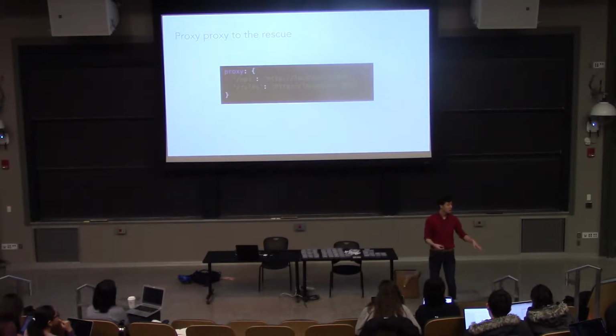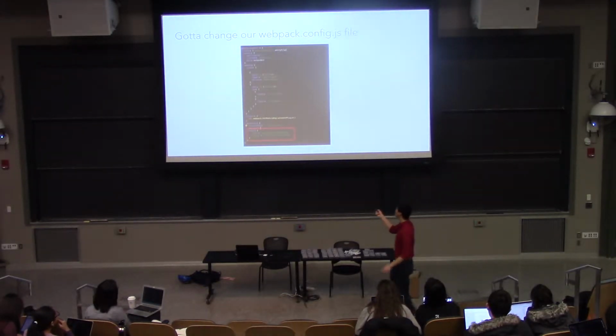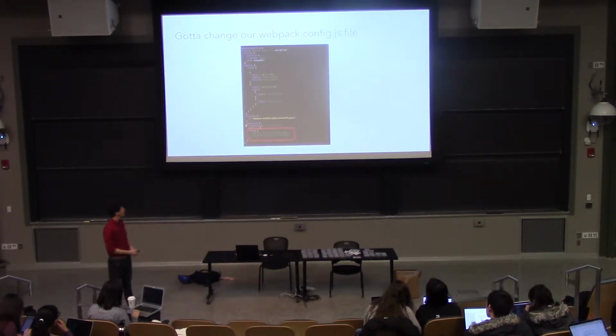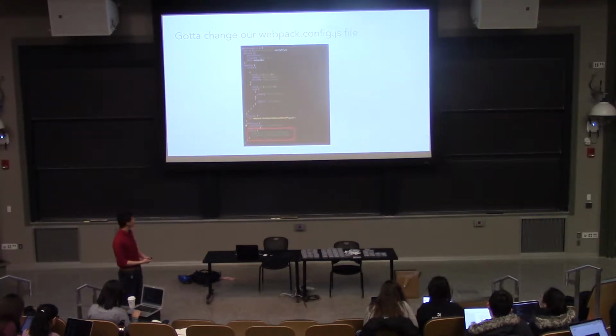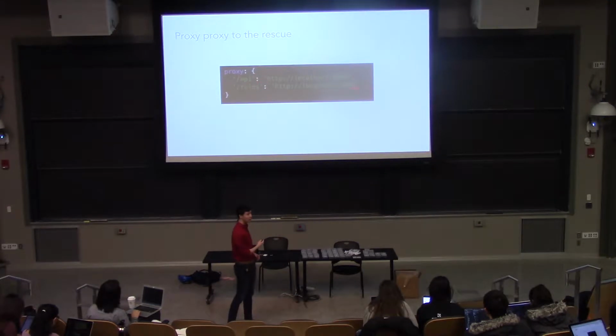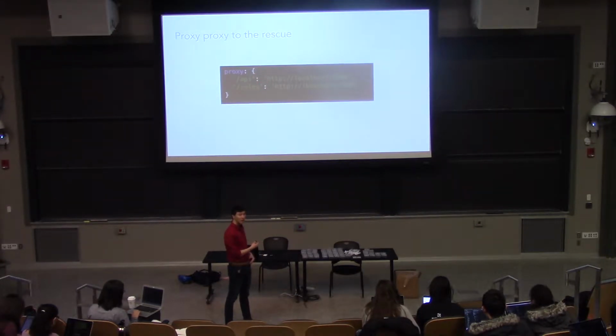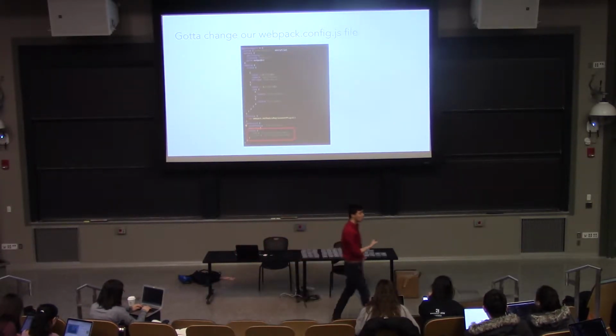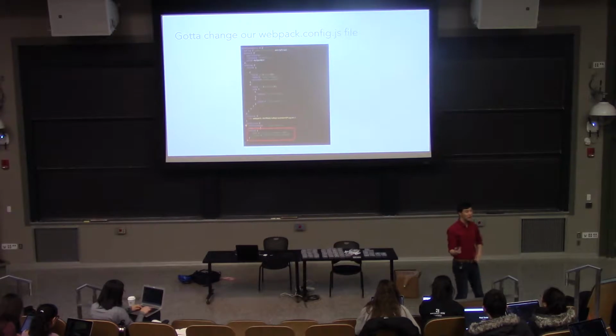What file are you in right now? Webpack.config.js. Yeah, it's a bit of a mouthful, but why don't we open that up and take a look together, right? Take you guys a moment to find that file.